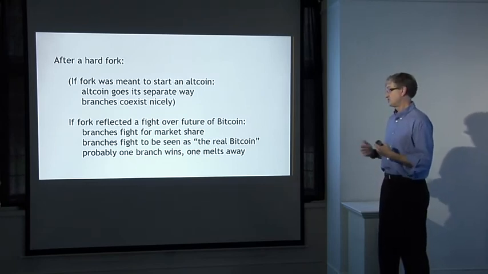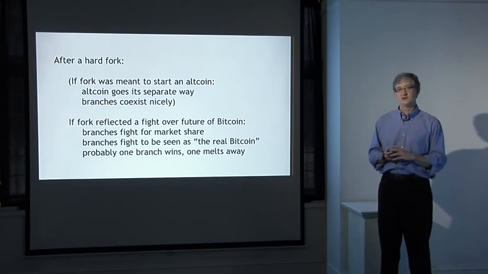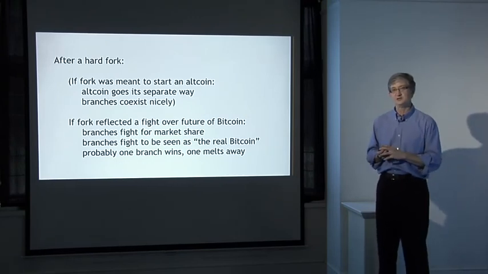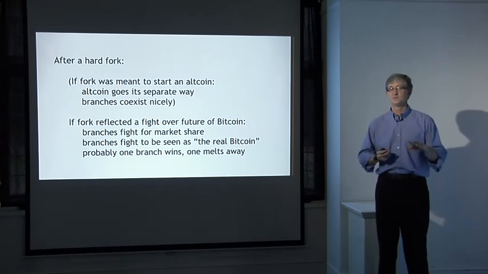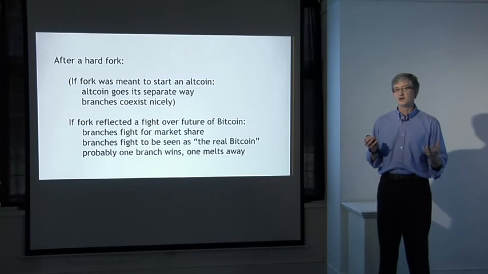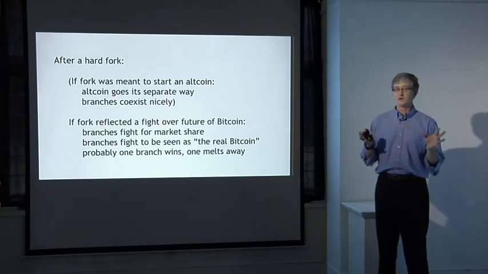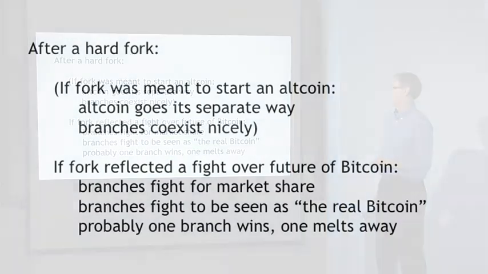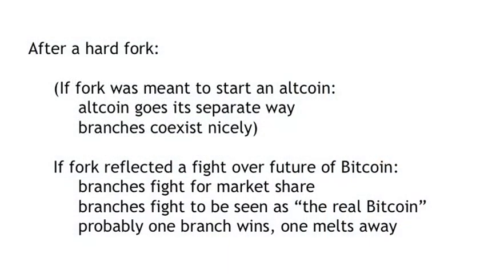Probably eventually one branch will win and the other one will melt away. These sorts of competitions tend to tip in one direction. Once one of the two gets seen as more legitimate, gets seen as having a bigger market share, gets perceived more broadly as being the real one, the other one becomes kind of a niche currency and eventually will fall away. So this is the likely future if you had a fork that reflected a fight over the future of Bitcoin.